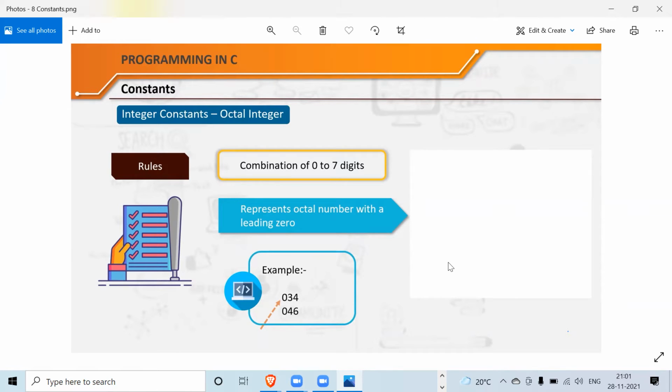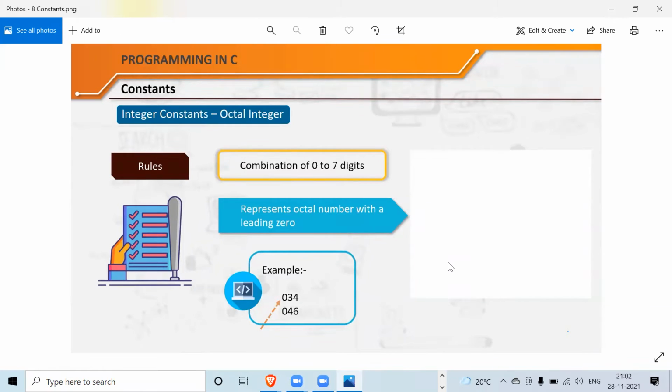Let's say you want to write 8, you cannot use 8 there. There is a different format for 8. If you want to write 8, you have to write 10 in octal system.